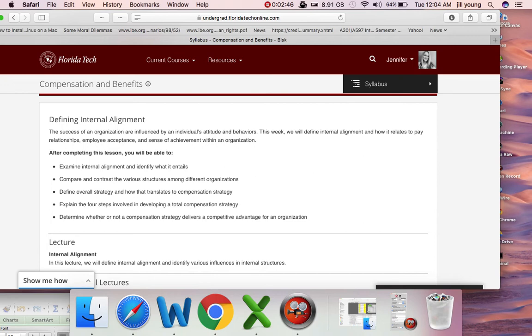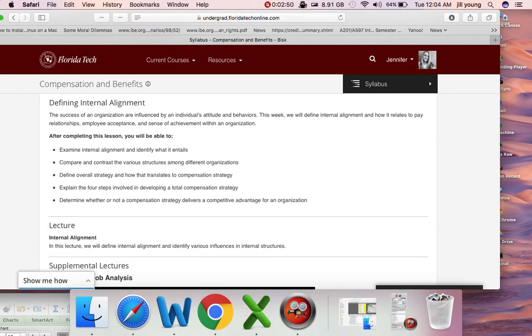If they have a retention strategy, for example, obviously they're definitely going to have a competitive advantage. But maybe their compensation strategy isn't. Maybe it's, let's just get people in here at the minimum pay level. Well, their strategy is high turnover.